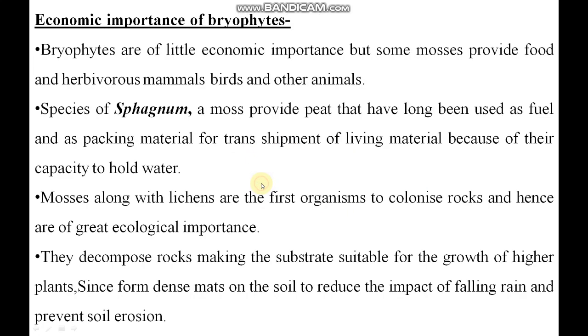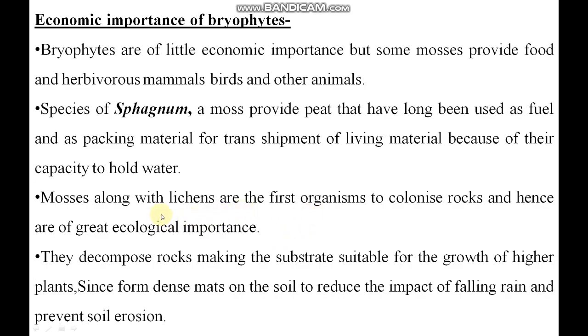Now the economic importance of bryophytes. Bryophytes are of little economic importance, but some are there. Species of Sphagnum are used as packing material. Mosses are also used as packing material because they have a very good water holding capacity, right?